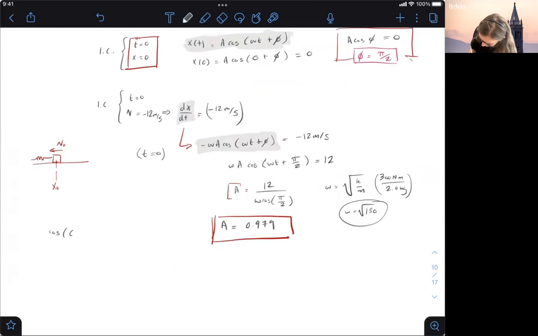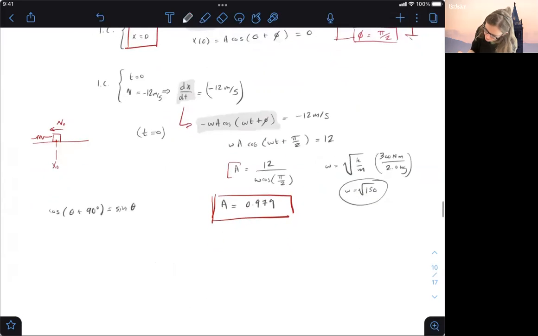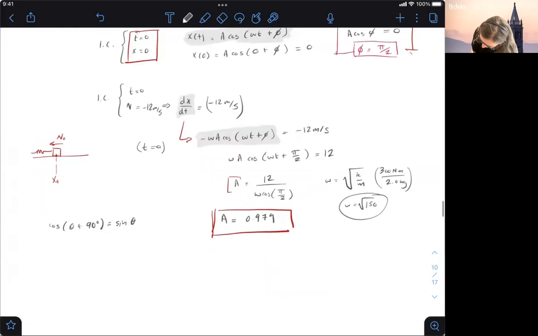Cosine of theta plus 90 degrees is equal to sine of theta. So we can change our expression to be just sine of wt basically. So that's what we're going to do for our last step.